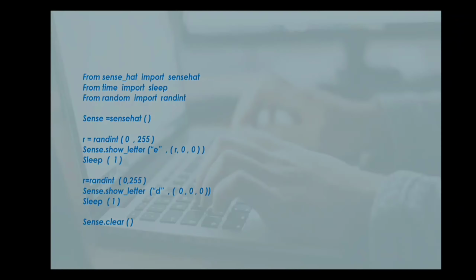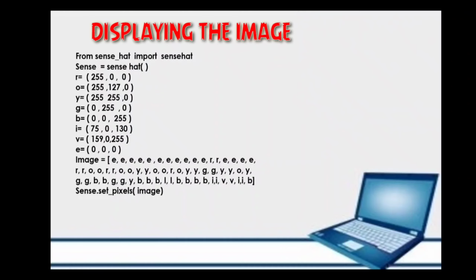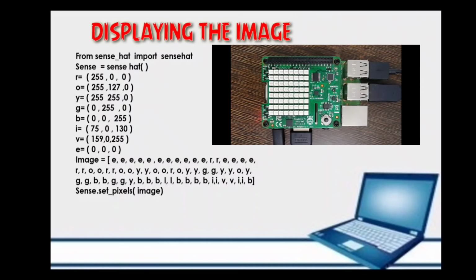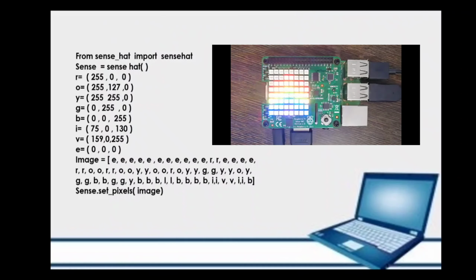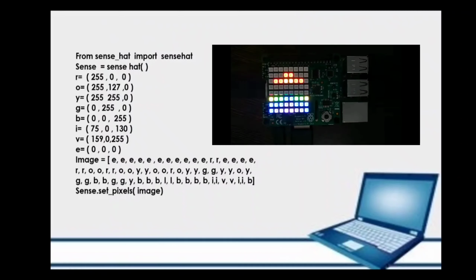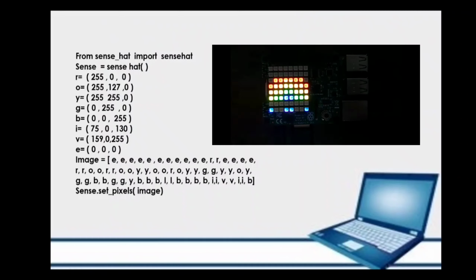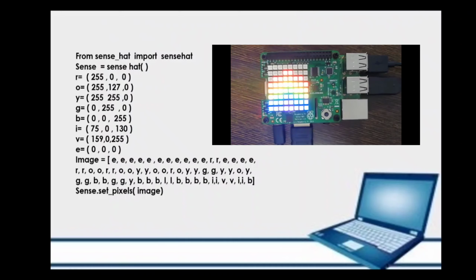And then the next interesting program is the image, displaying an image on the output of the SenseHat. We are importing the SenseHat first, and then initializing it, and we are giving colors as WebRGB colors to get the images.